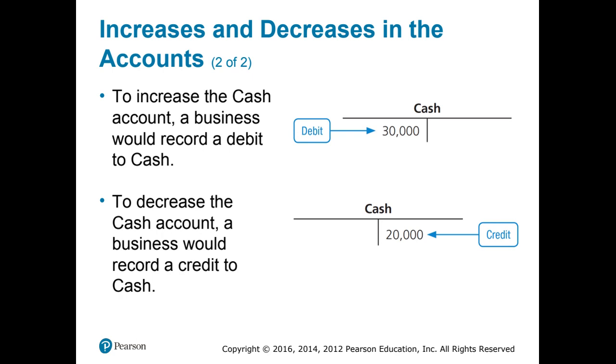The owner contributed $30,000 cash into the business, so we debited cash for $30,000 to increase the cash account. And then there was a transaction of $20,000 for land, where the owner purchased land for $20,000, so cash decreased by $20,000, so we credited our cash account by $20,000 to decrease that.